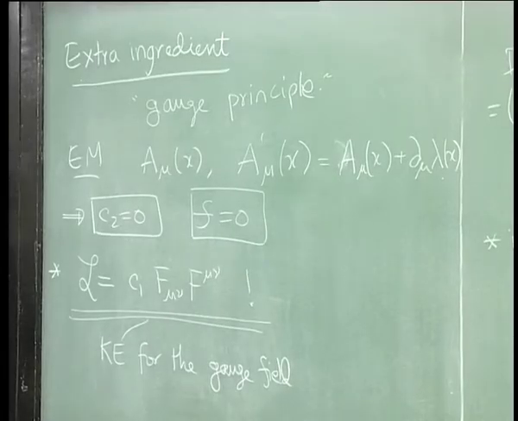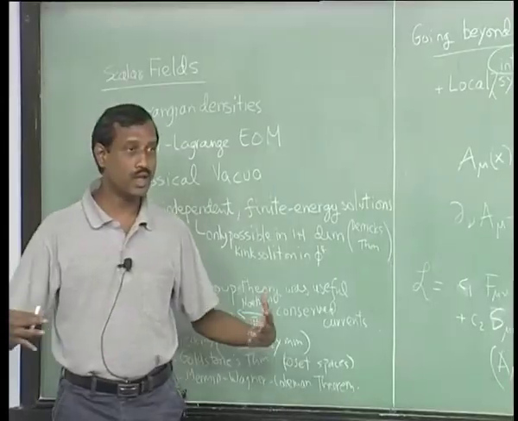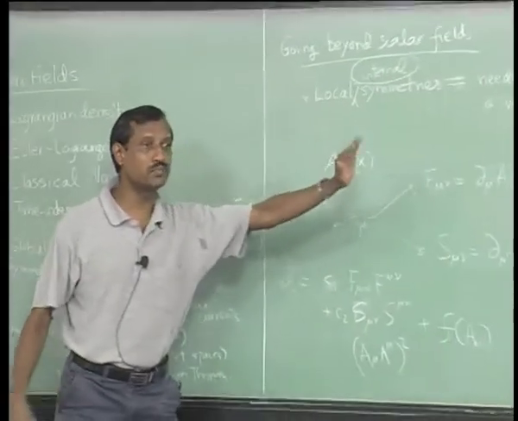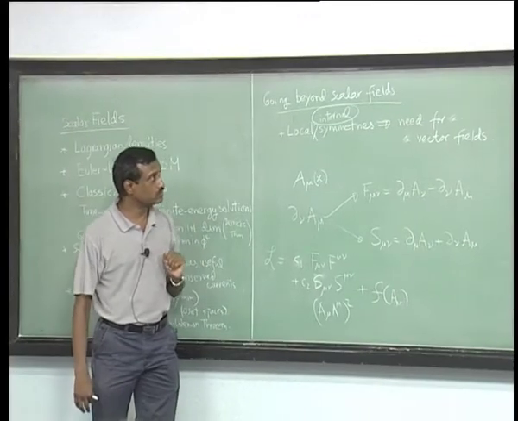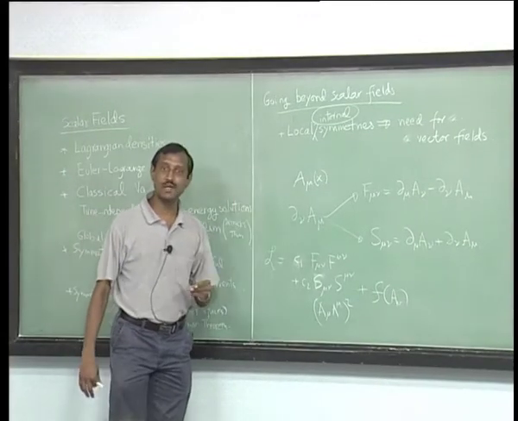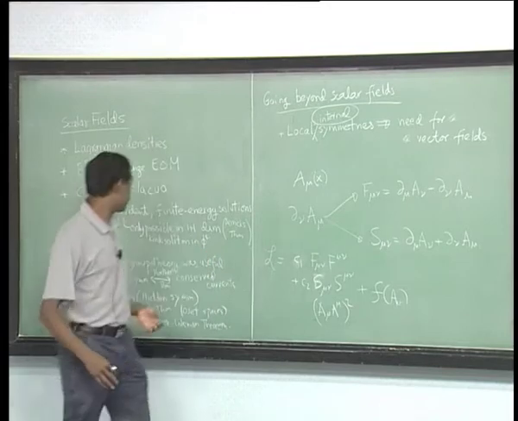Okay. So the next part of this course will include settings where we have vector fields as well as scalar fields in your theory, and we will convert global symmetries to gauge or local symmetries and see what happens, and we will go through this whole thing.